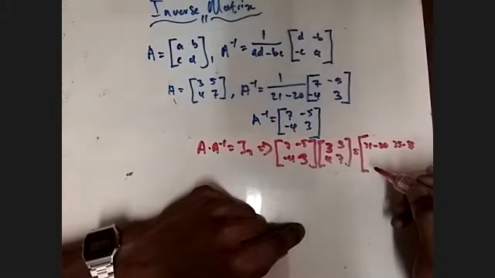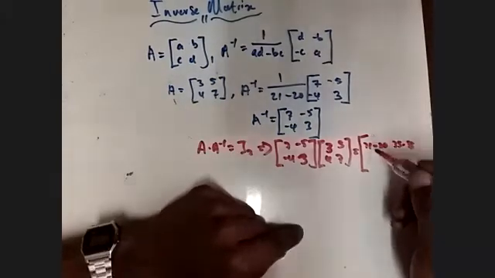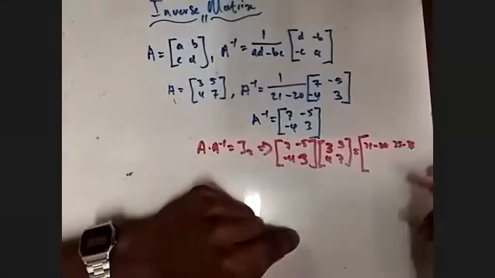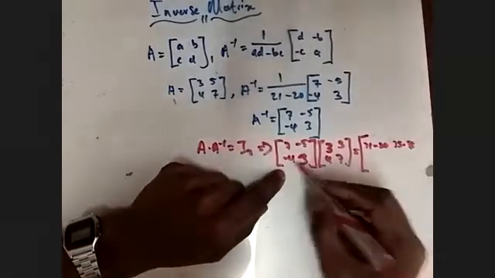Why am I saying 35? Oh yeah, 7 times 5 is 35. Yes, 35 minus 35. And then the bottom part becomes this times that.